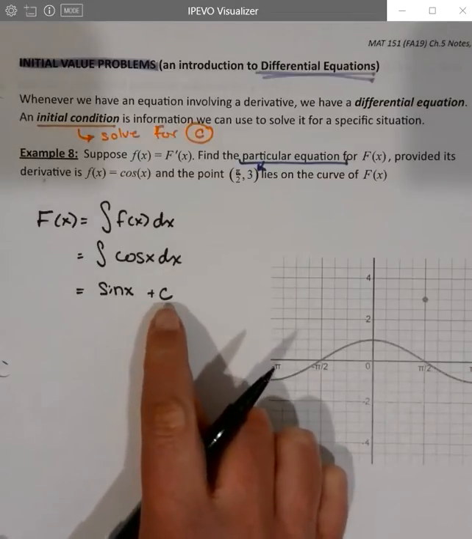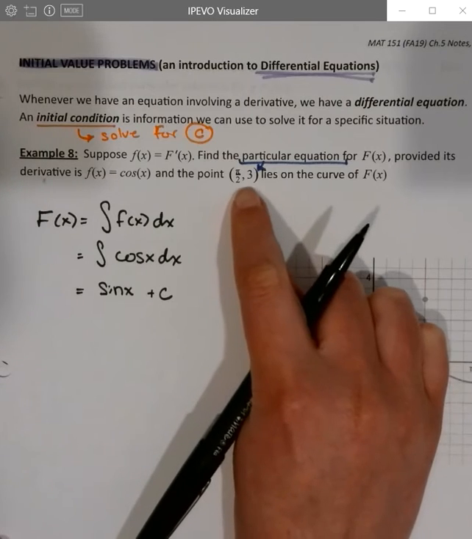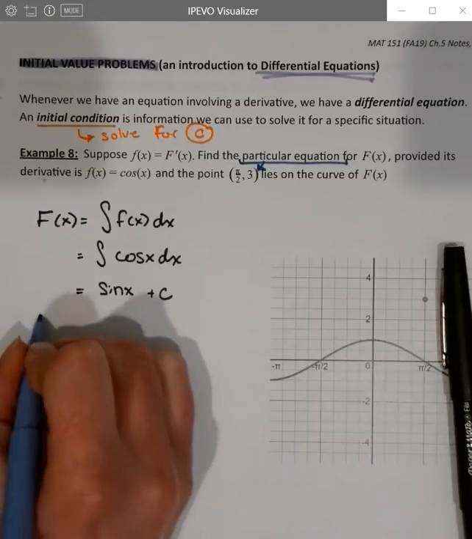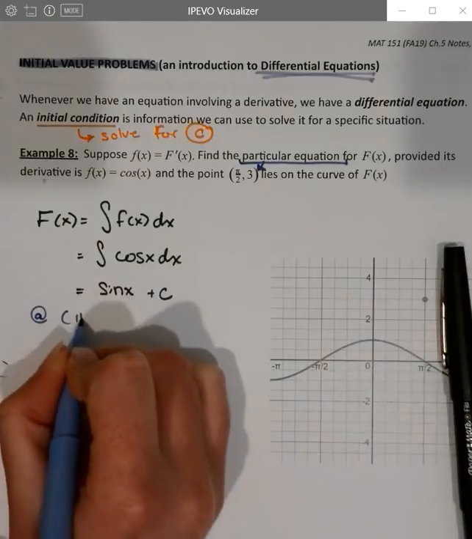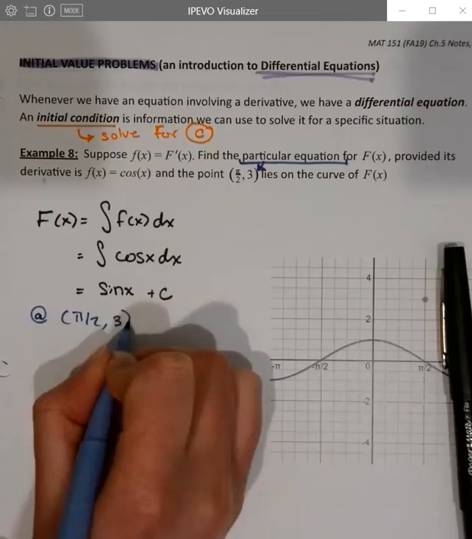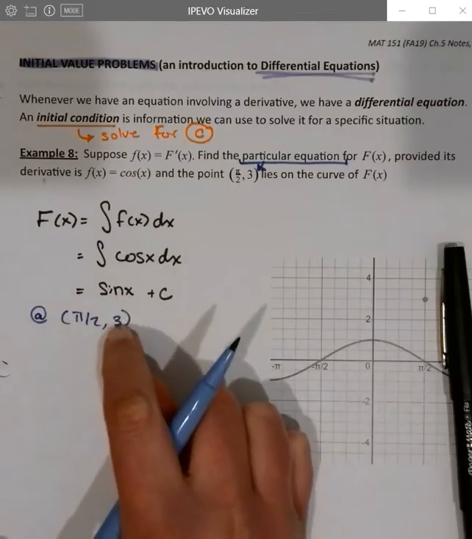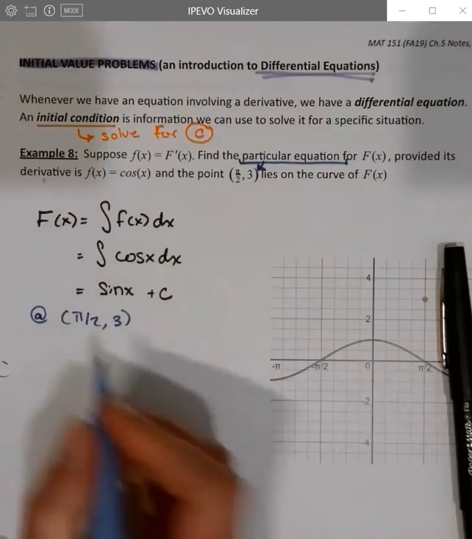So now I know that capital F has this ordered pair. So if I use the ordered pair, pi halves comma 3, and plug pi halves in for x and 3 in for F, I'm going to be able to solve for c.